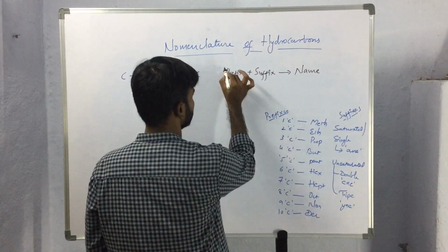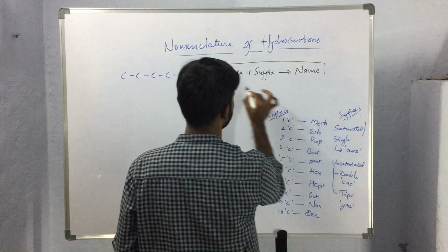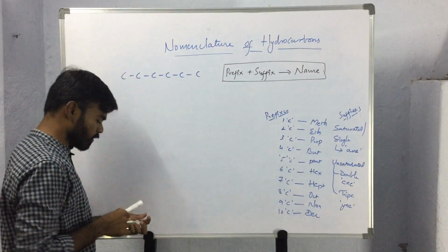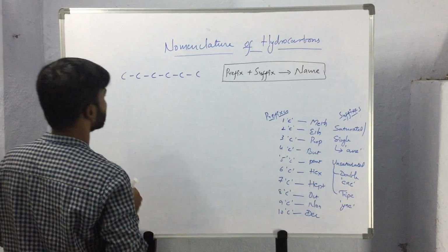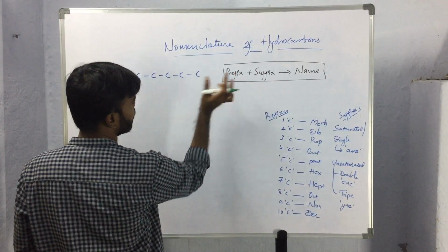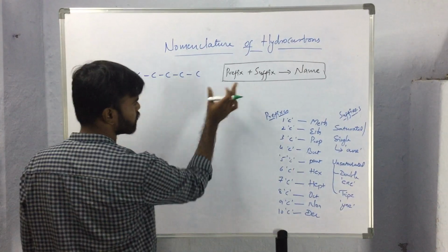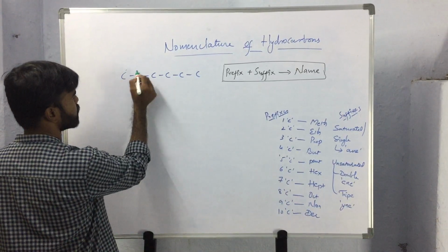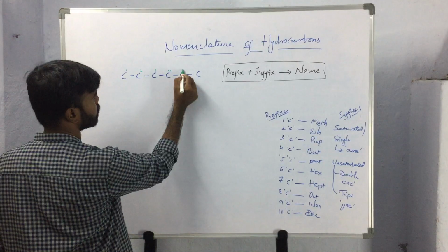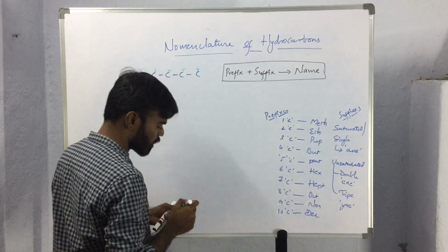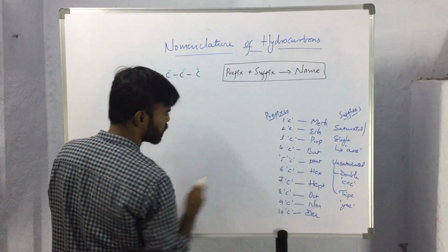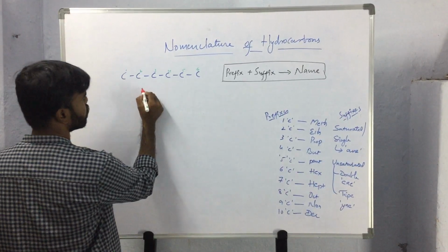Now we have to write the prefix for this compound first. We have to count the number of carbon atoms present. So a total of 6 carbon atoms are there in this compound, so for 6 carbon atoms, the prefix hex will be used.